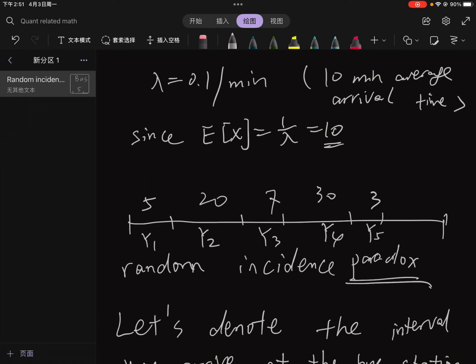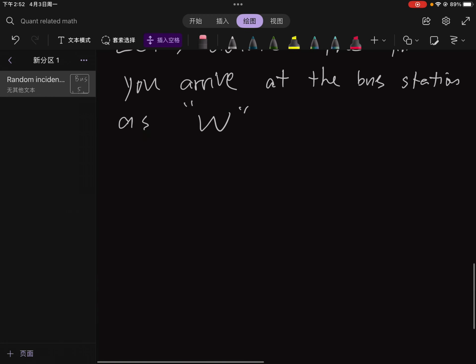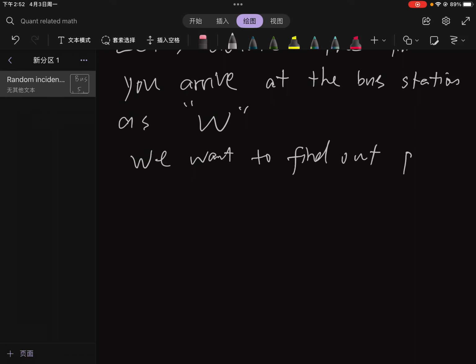These are the intervals that I don't know if I arrive in or not. But once I arrive at some random time, then that interval is what we call W. We don't call it a Y anymore. I will explain that later. And now let's find out the PDF of this W.